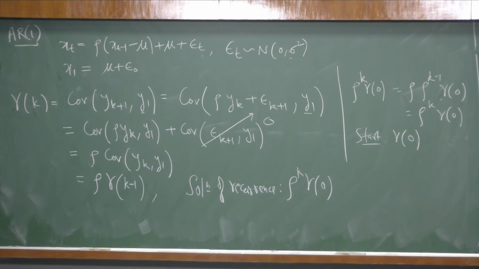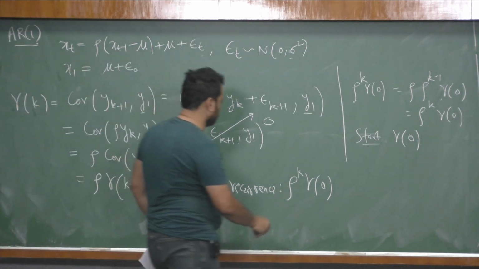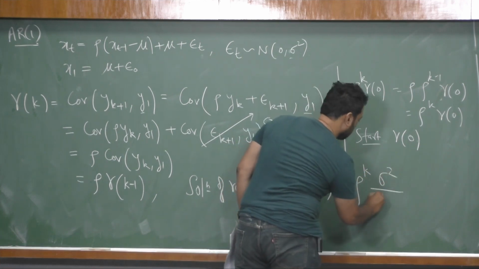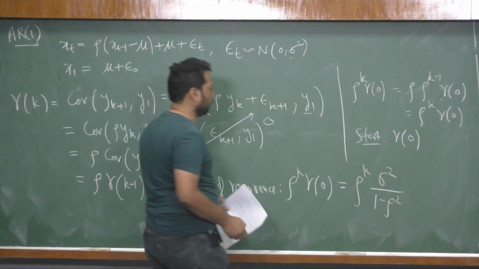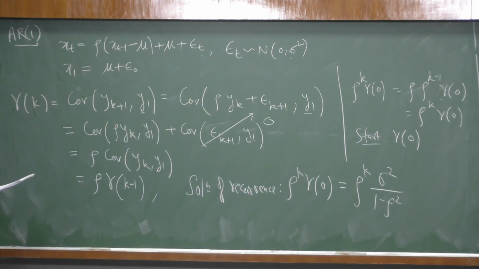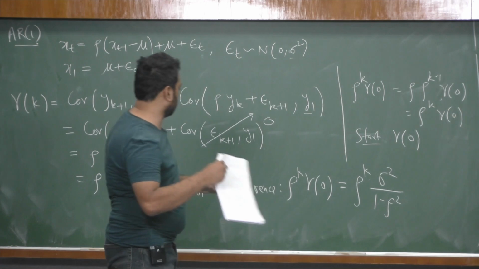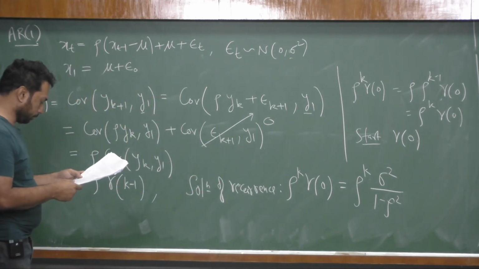This is sigma squared divided by 1 minus rho squared. If we substitute that, you can verify that sigma squared divided by 1 minus rho squared is a solution of this. And then again, if rho is less than 1, this is a summable quantity.